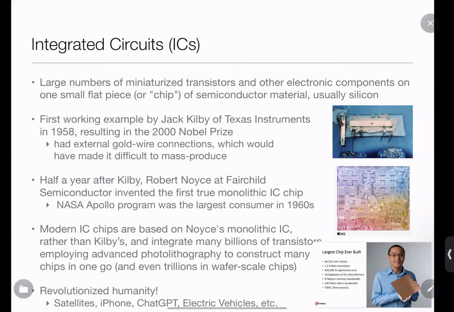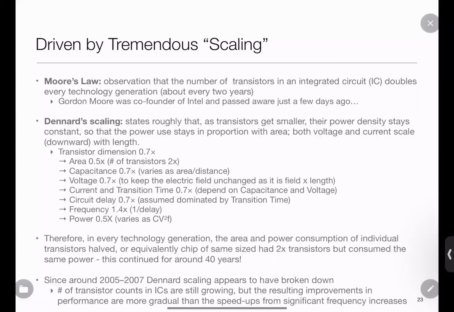And this is often referred to in terms of so-called scaling laws. One which I'm sure you may have heard of in popular media is the so-called Moore's law. Gordon Moore was another co-founder of Intel, the company whose processors we use a lot.